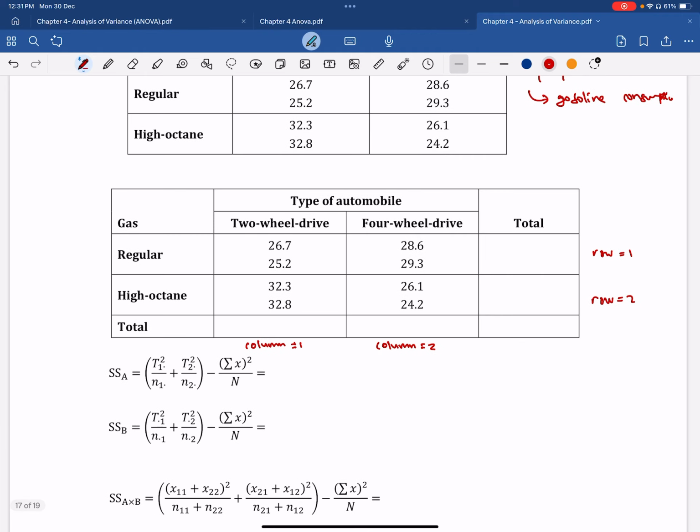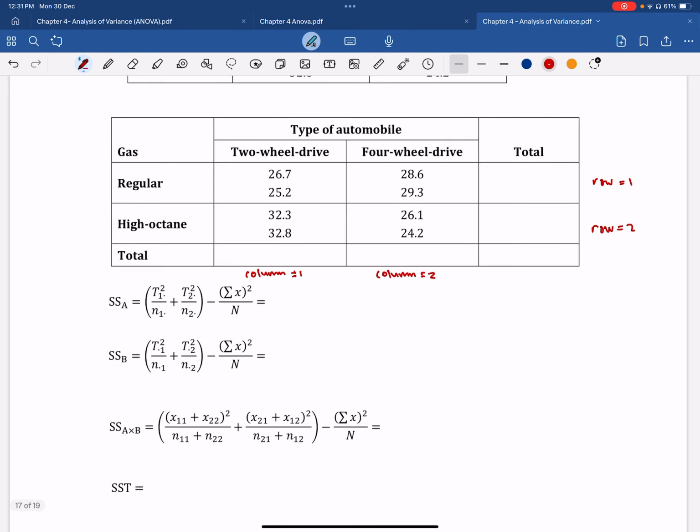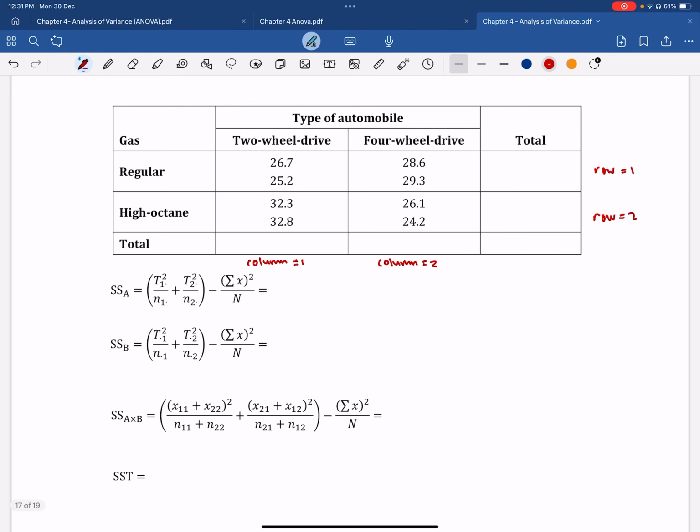So let's take a look at the examples here. SSA is T1 dot squared. When it looks like this, the 1 refers to the first row, and the dot means all.